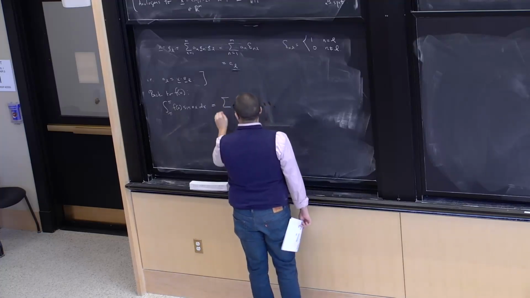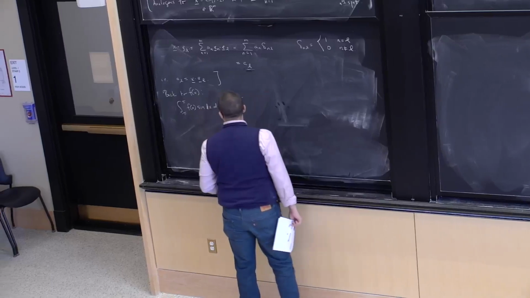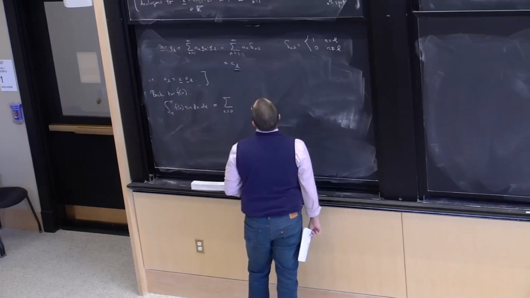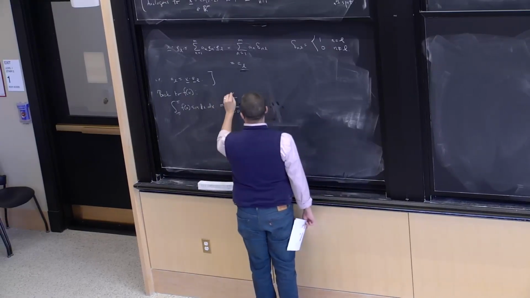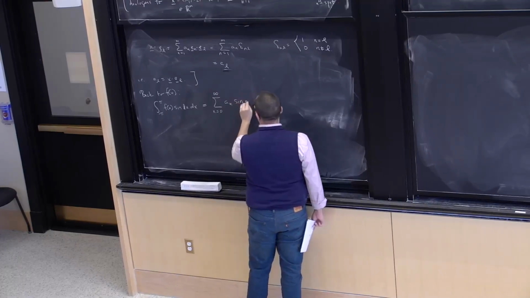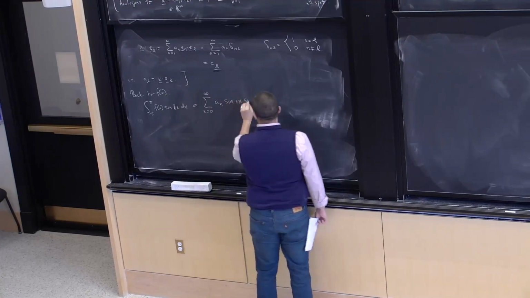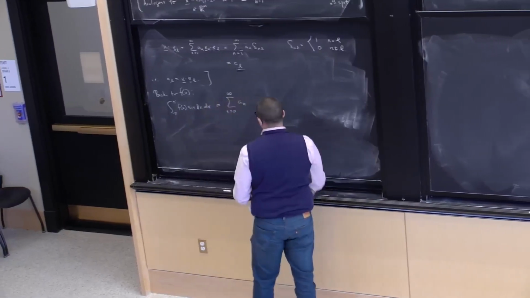This is equal to the sum from n equals 0 to infinity of a sub n sine nx times sine Lx.